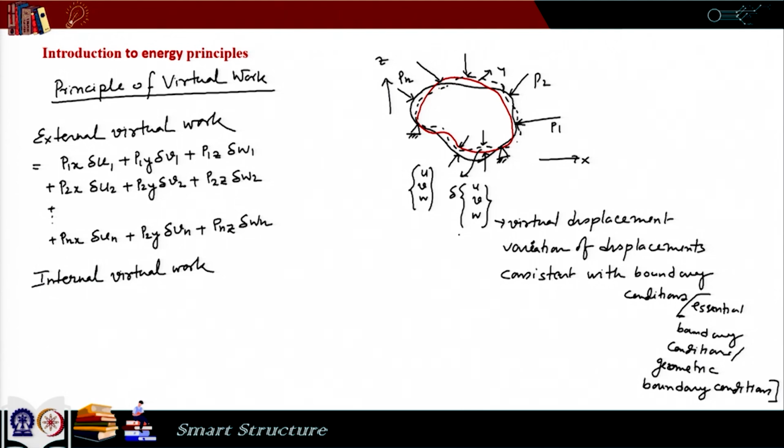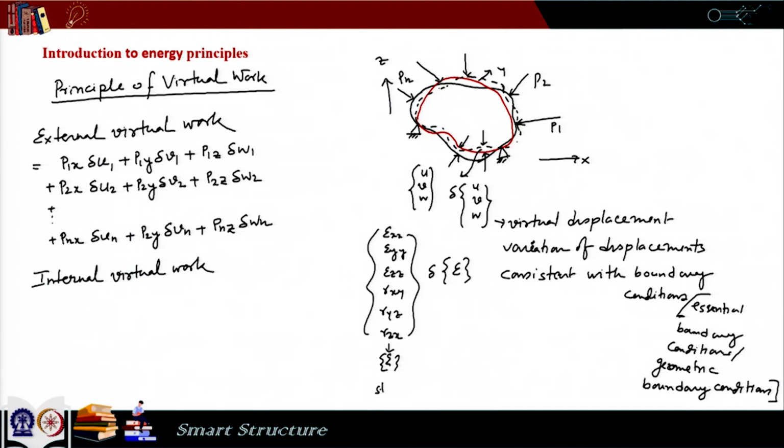The corresponding strains are epsilon xx, epsilon yy, epsilon zz, and similarly gamma xy, gamma yz, and gamma zx, and accordingly we have the variation of the strains, which are the virtual strains.